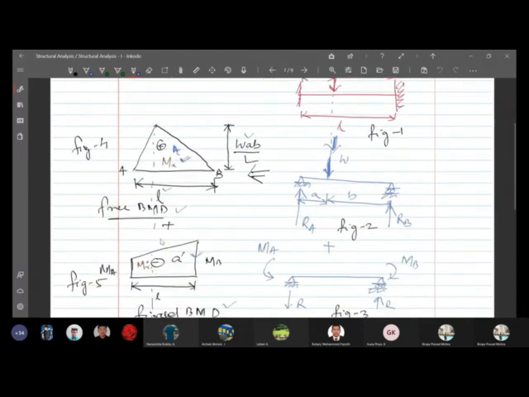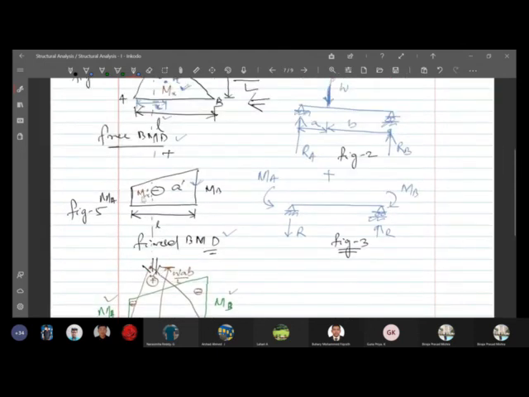Now let us say the distance of the centroid. Here, for example, we have the centroid, at a distance of x bar from the end A, and here the centroidal distance is x bar dash.